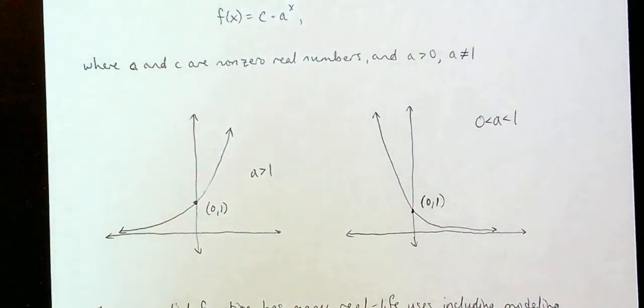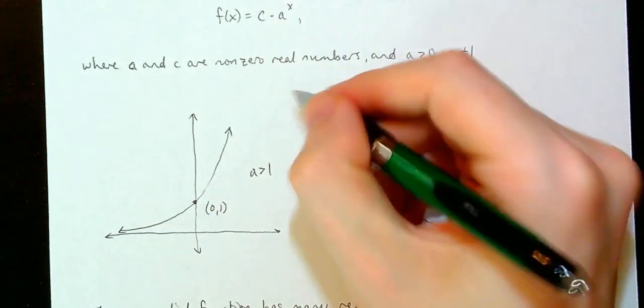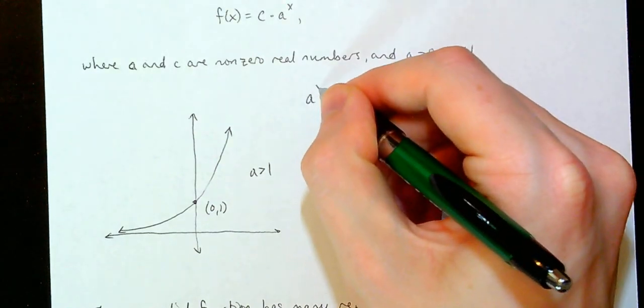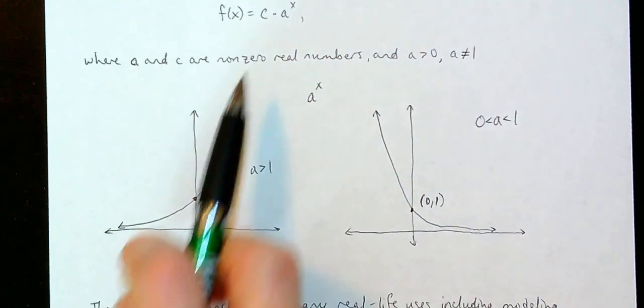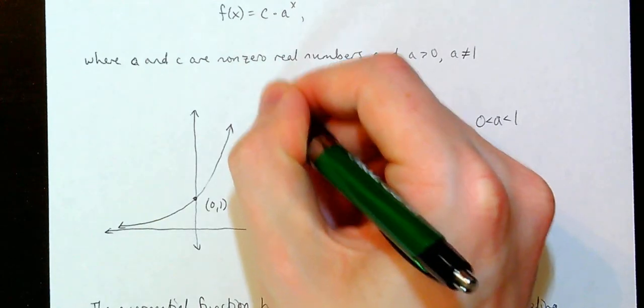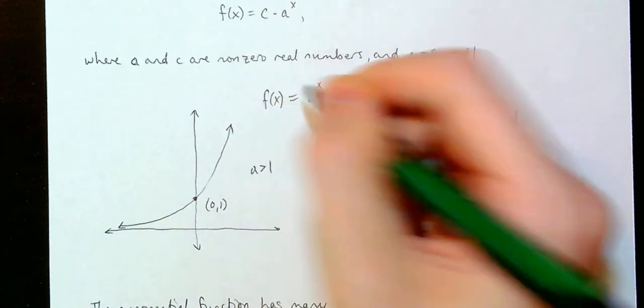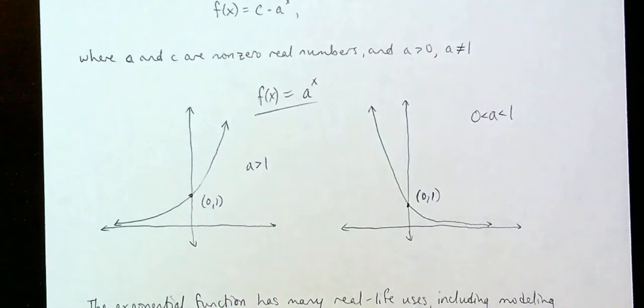So if you take 0 and plug it in for x and make that the power of some number, then you are going to get 1 out. And this is for things of the form a raised to the power x. We're not including that c value out front here. Both these graphs are for f(x) equals a raised to the power x.